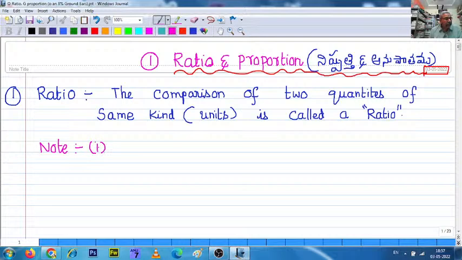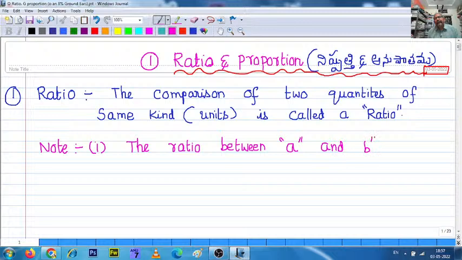First point under note: the ratio between, suppose, two things, one is A and the other one is B, is written as A is to B. In this way we denote the ratio.